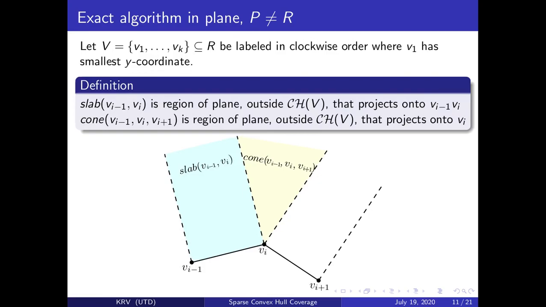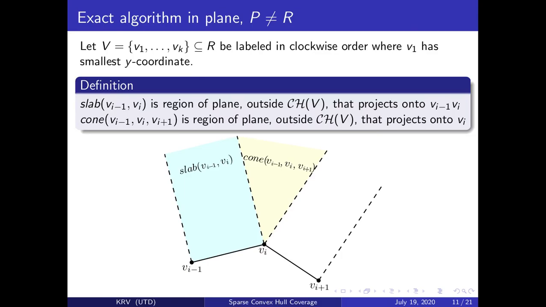So now when p does not equal r, we have to do something different. Basically, it's going to be a dynamic program. Say we've got this capital V, a point set in convex position, and we have these two definitions, slab and cone. Slab is the region outside the hole that projects onto the segment v_{i-1} to v_i.